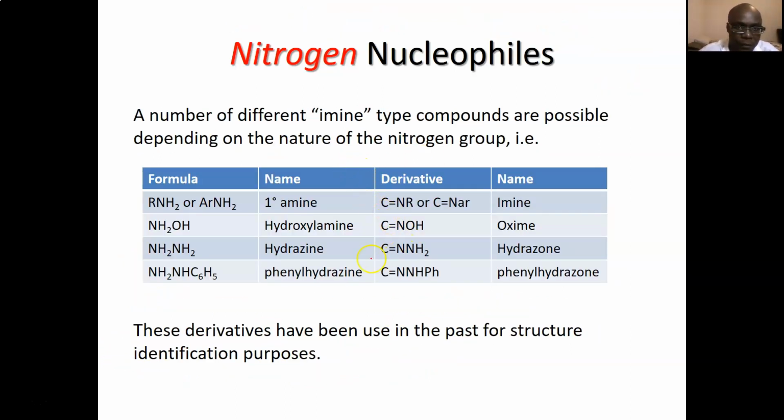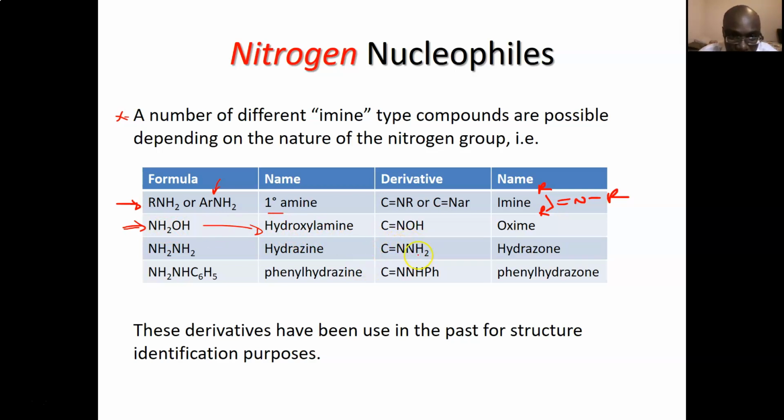Okay. So nitrogen nucleophiles. There are a number of different imine-type compounds possible depending on the nature of the nitrogen group. So if you have amines or aromatic amines which are primary, one will always expect to get imines. Remember, imines will look like that. Okay, but if you have NH2 to OH, the name of that group is called hydroxylamine.